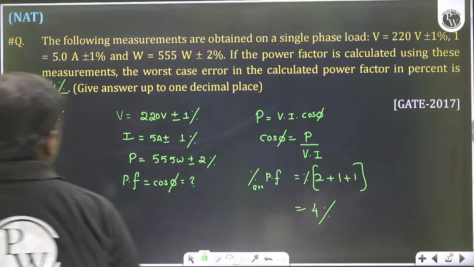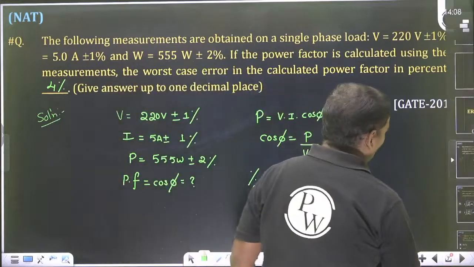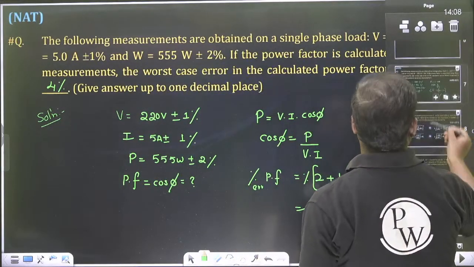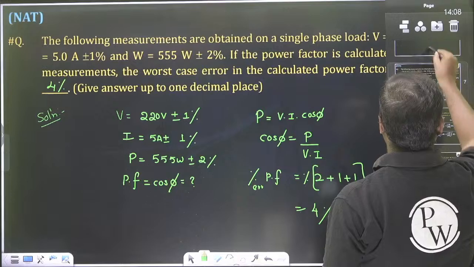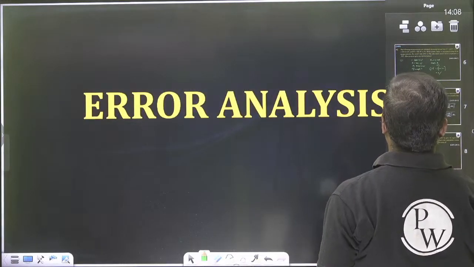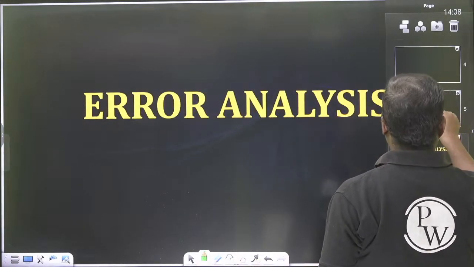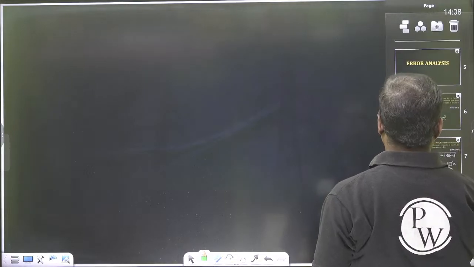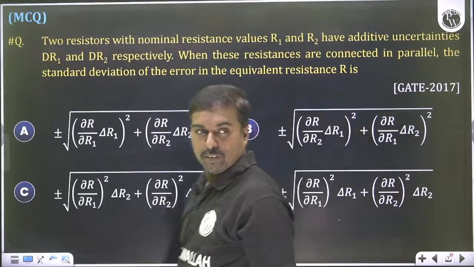Now let us go for the next question. Let us go for another question. So what is the answer for this question? So in error analysis we are getting these questions. What is the answer for this question? Make it fast.